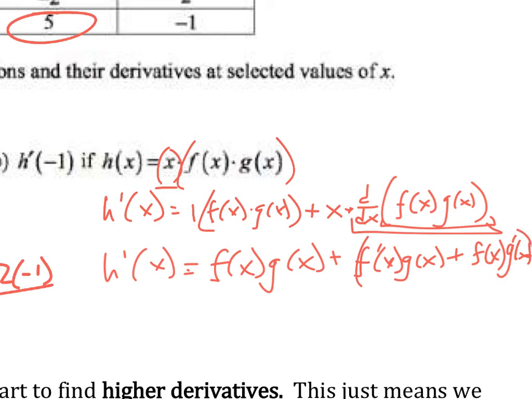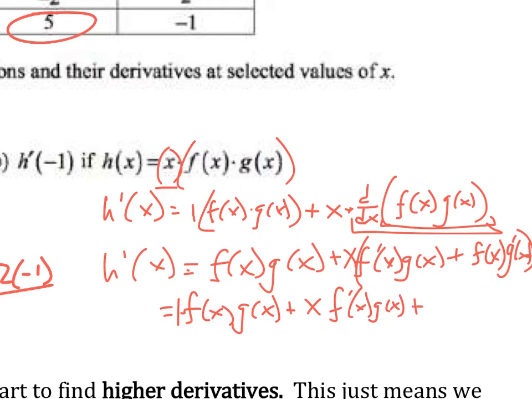Okay, so all of that with an x out here. Now if I distribute that x, I'm going to end up with this. I got f of x, really a 1 times, so I'm going to put that there for a moment, g of x, plus x times f prime of x times g of x, plus, distributing this x here, x times f of x times g prime of x.